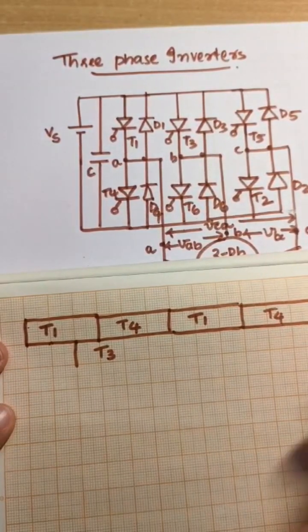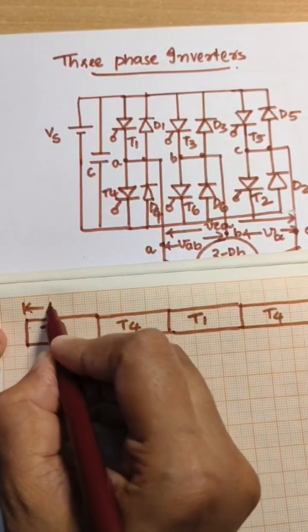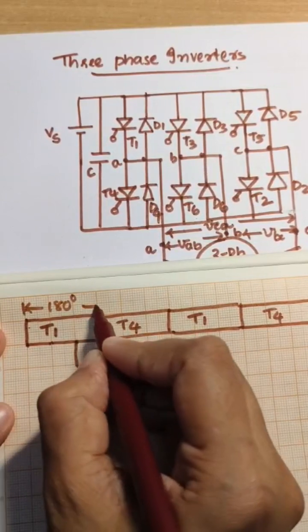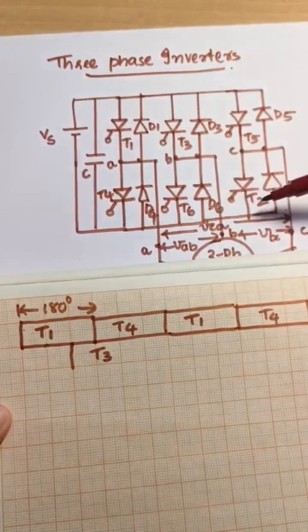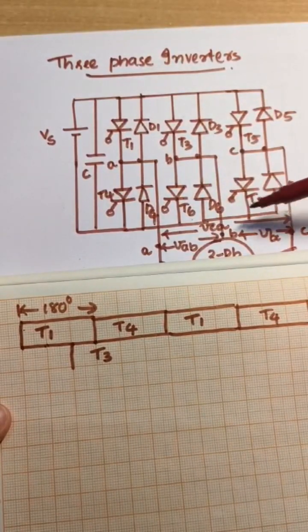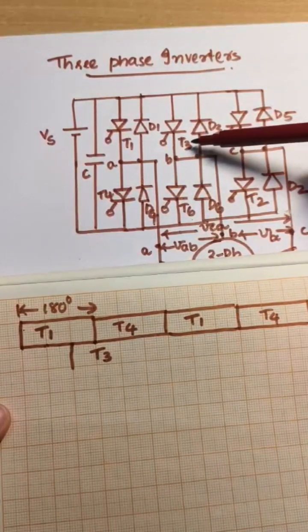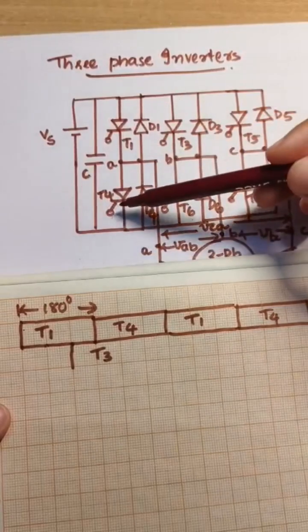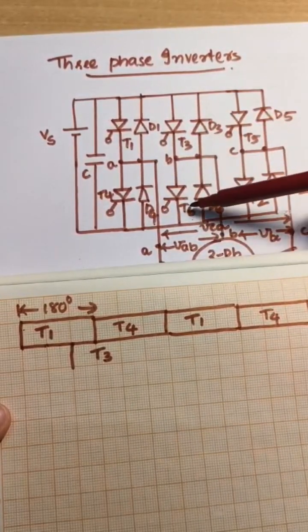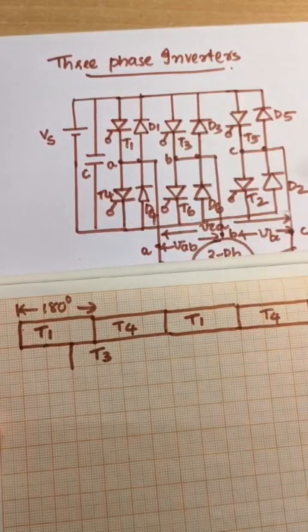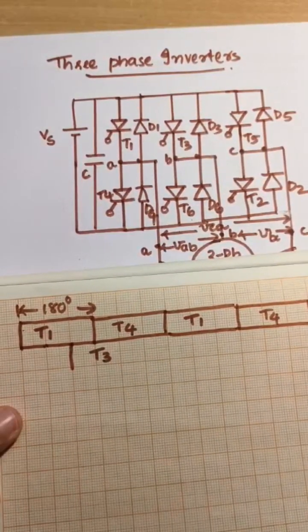Each element conducts for 180 degree. First T1 is switched on. After 60 degree, T2. Again after 60 degree, T3. Again after 60 degree, T4. Again after 60 degree, T5. Again after 60 degree, T6. Like that the switching pattern will go.